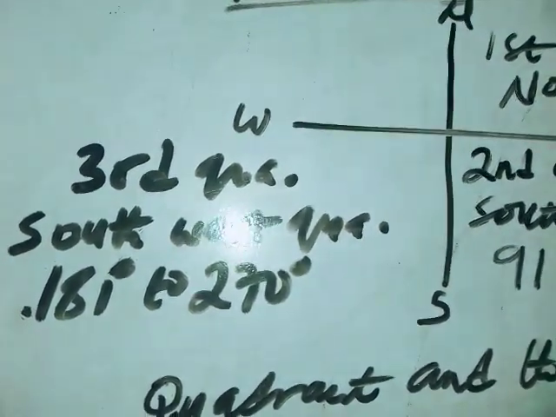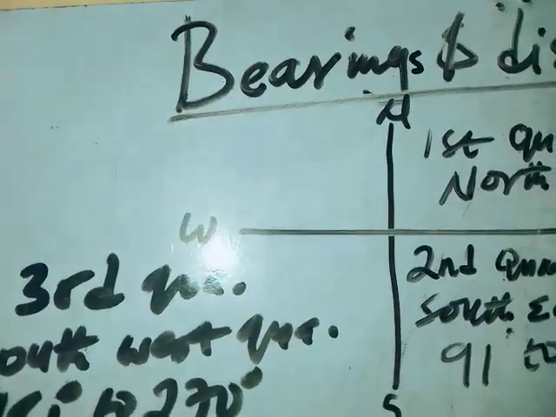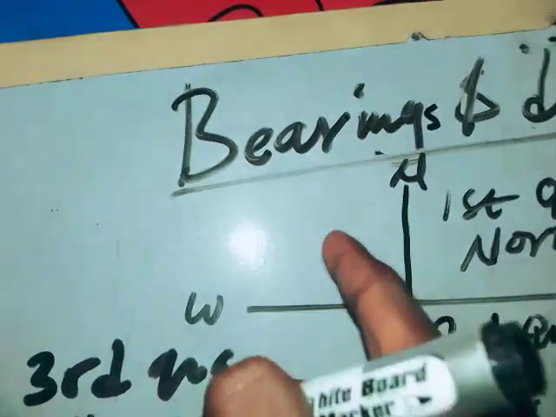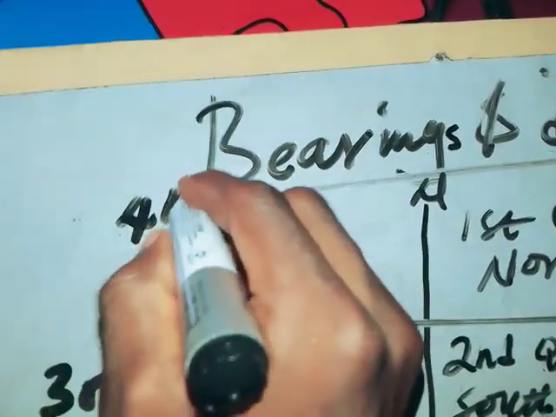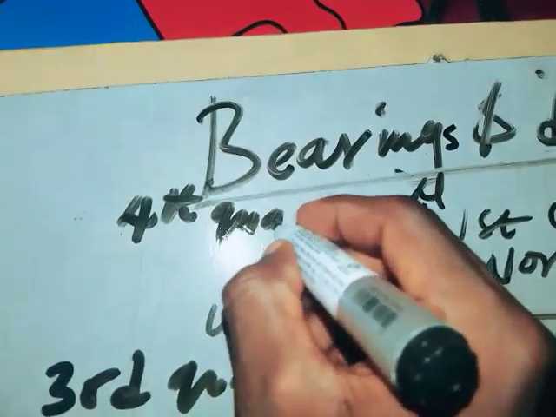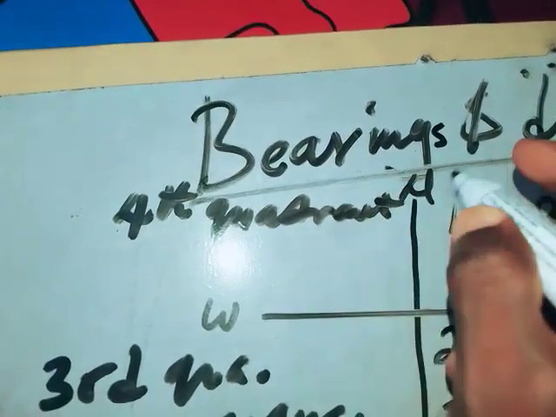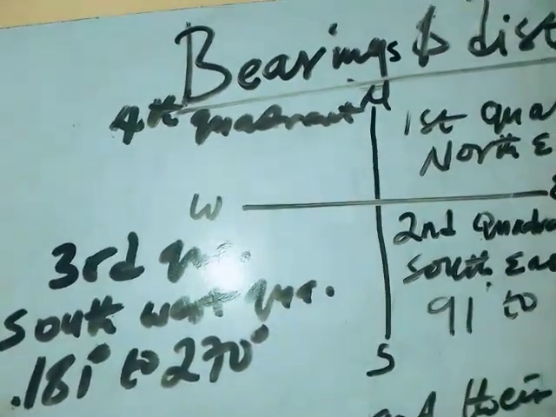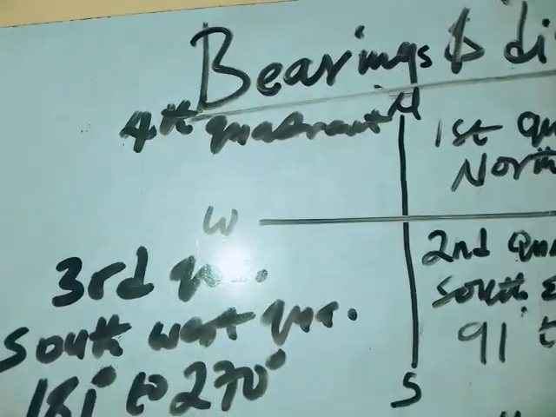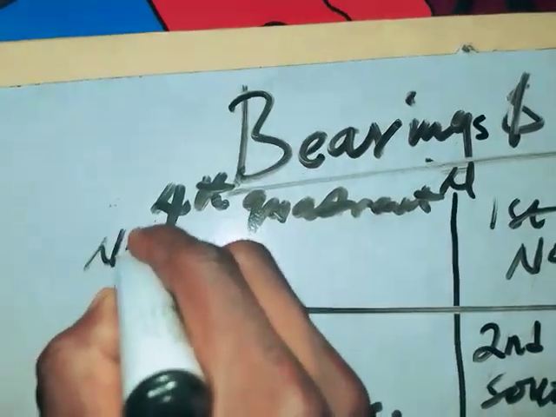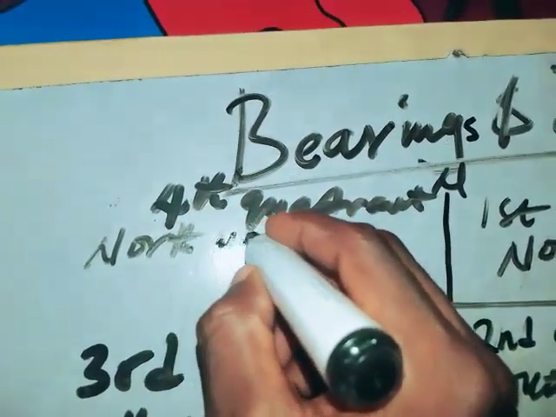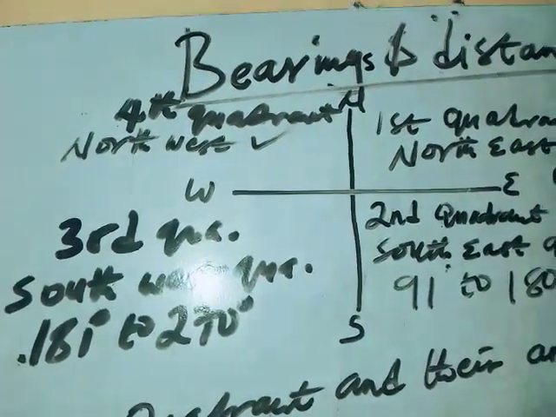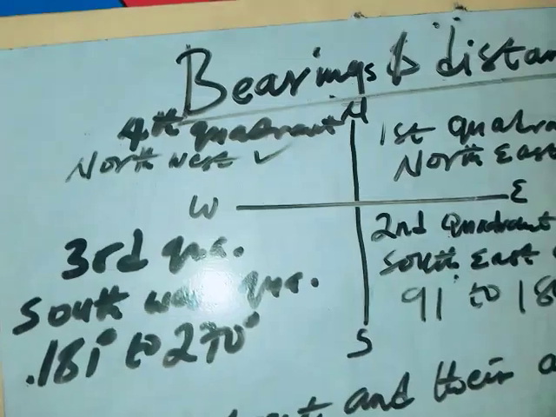So we have the final one in our list, known as the fourth quadrant. This fourth quadrant can also be called the northwest quadrant, because it falls under north and west.